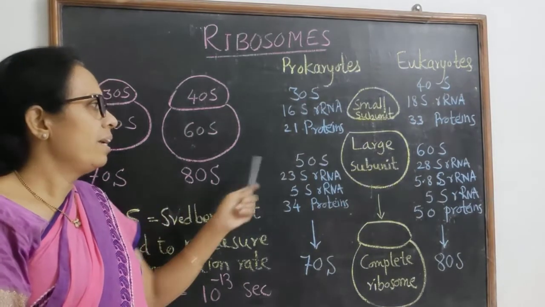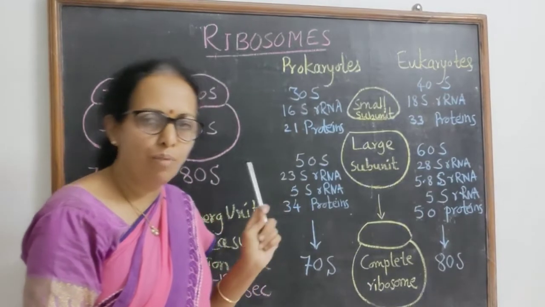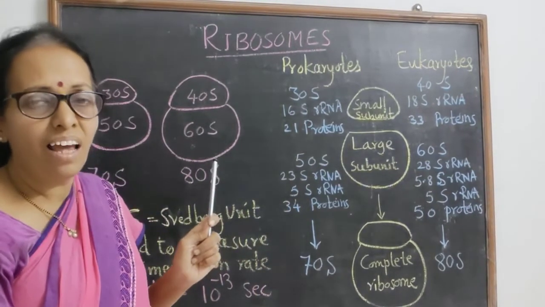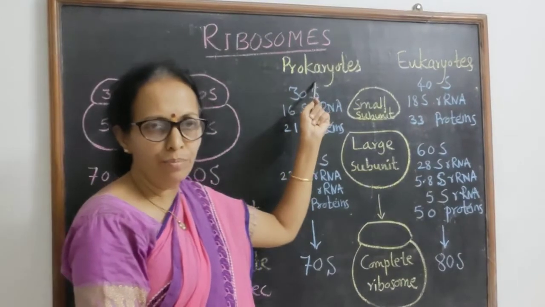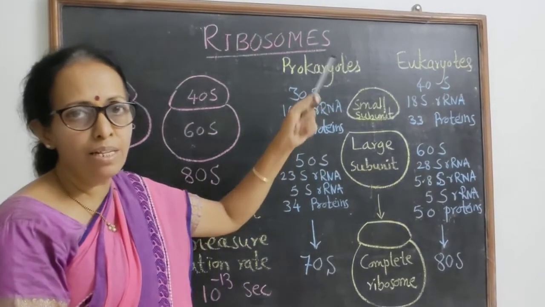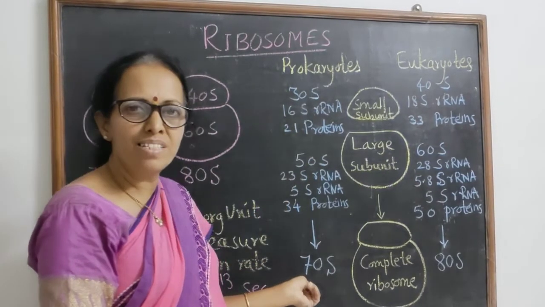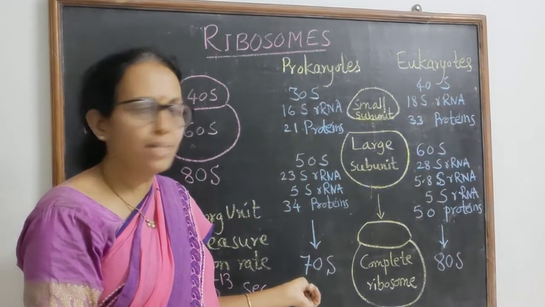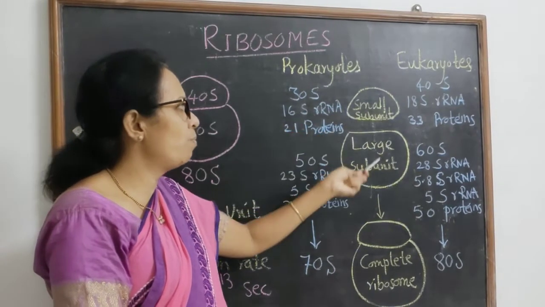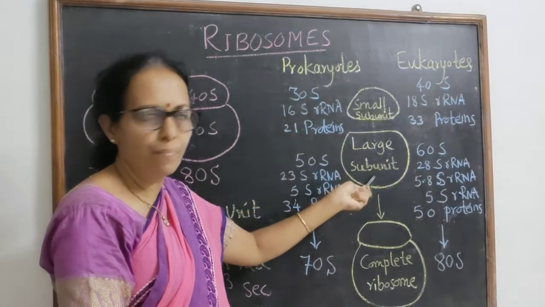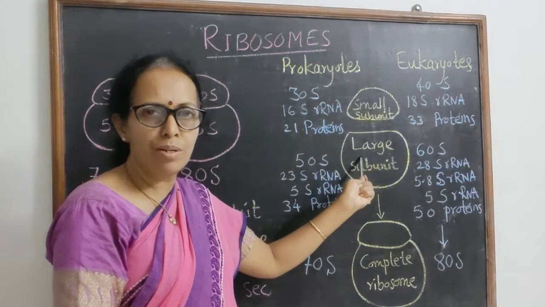So we see exactly how these ribosomes are formed and assembled. In prokaryotes and the organelles of eukaryotes, 70S ribosomes are present, which are formed by assembly of two subunits, a smaller subunit and a larger subunit.